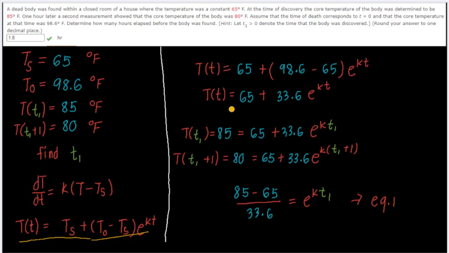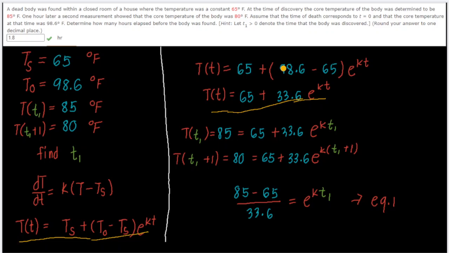Now, let's substitute the given values into our function. Our Ts is 65, our T0 is 98.6, and 98.6 minus 65 is 33.6. That's why we have T of t equal to 65 plus 33.6 e to the kt.